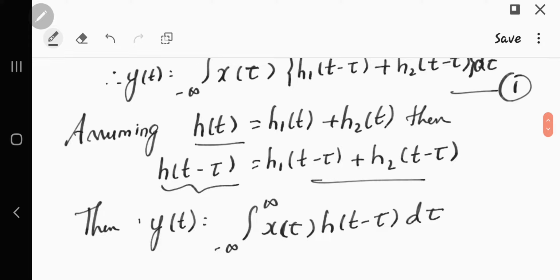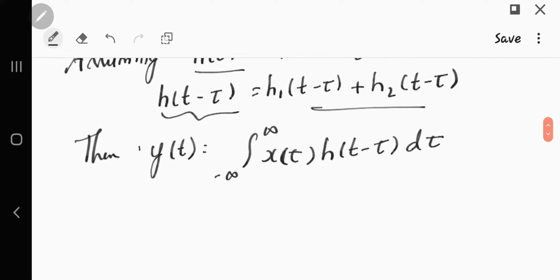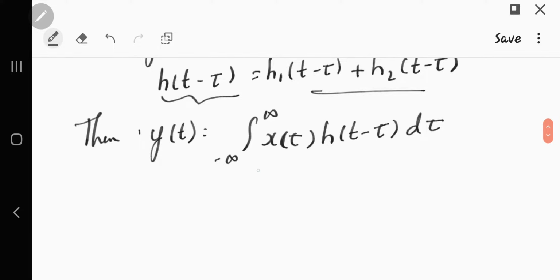So h of t is the impulse response of the equivalent system representing the parallel connection of two systems, or you can call it the overall impulse response of the system. Now, if you observe this y of t, you can see it is very similar to the expression of our convolution integral. So we can write it as x of t convolved with h of t.